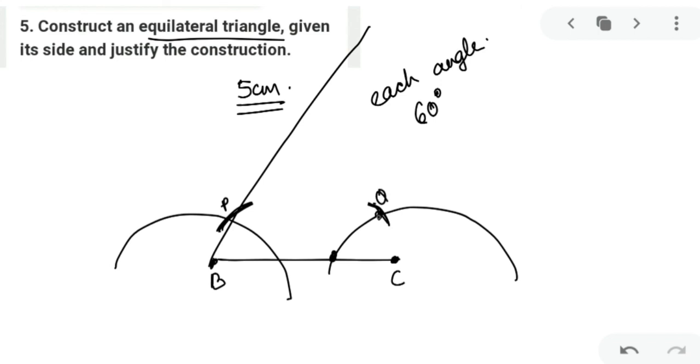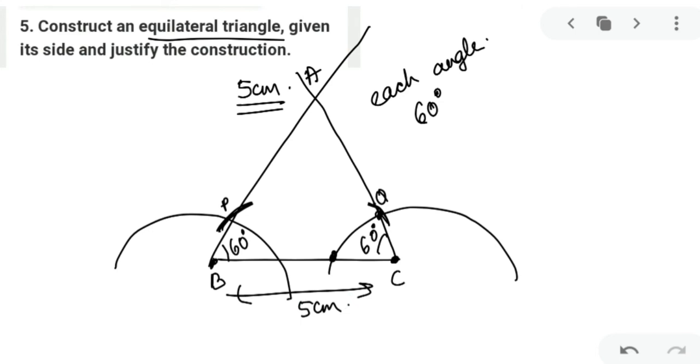Name it as Q. Join QC and extend. Now this is 60 degree you got. This is also 60 degree you got. Okay. Now name it as A, where the intersection point is. Now you can say this BC is 5 centimeter you have already taken. So now you can see that ABC triangle will be your required triangle, that is equilateral triangle.